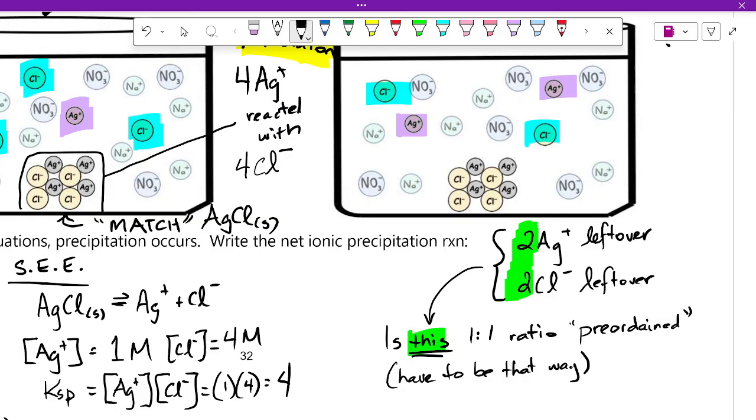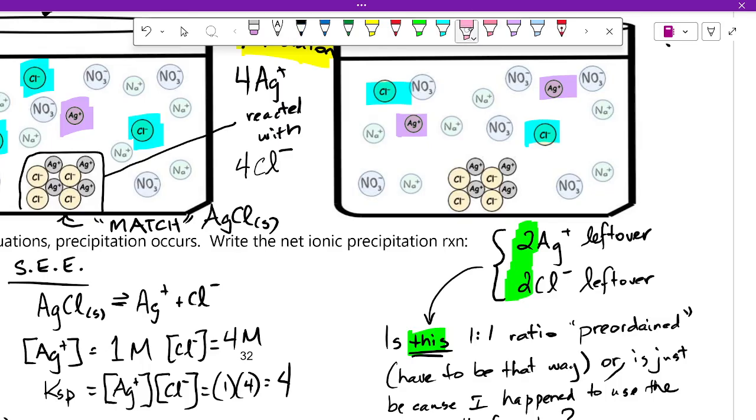Or is it just coincidence because of the concentrations that I put together? So is it preordained? Or is it just happenstance?